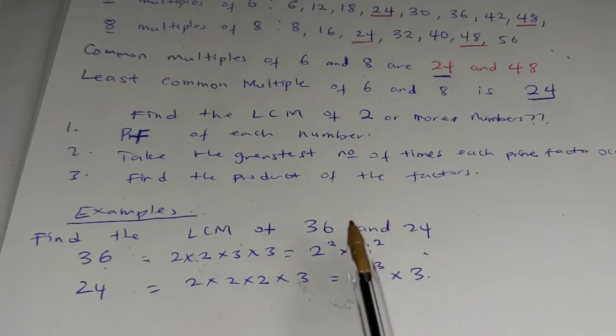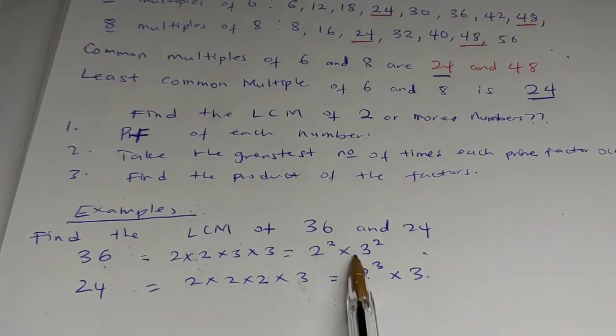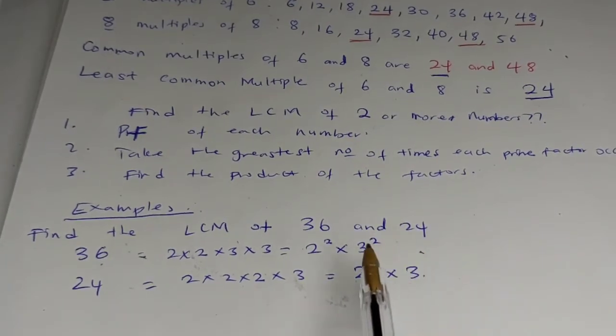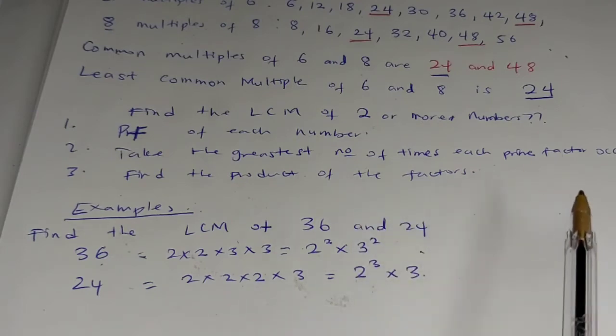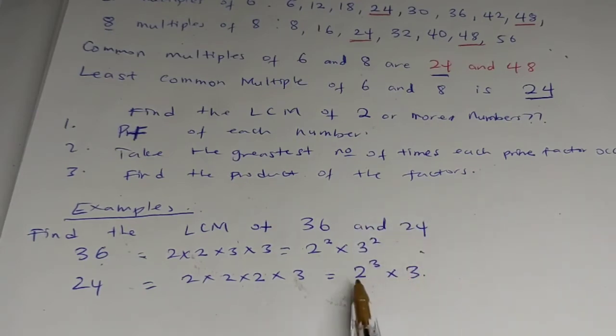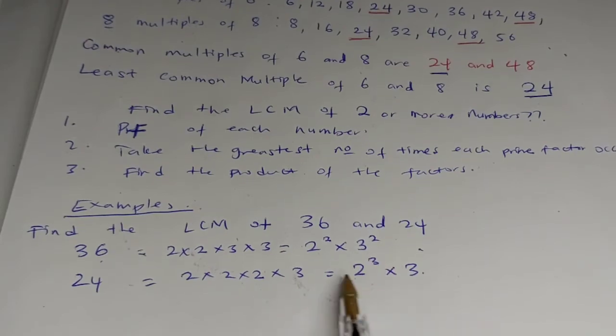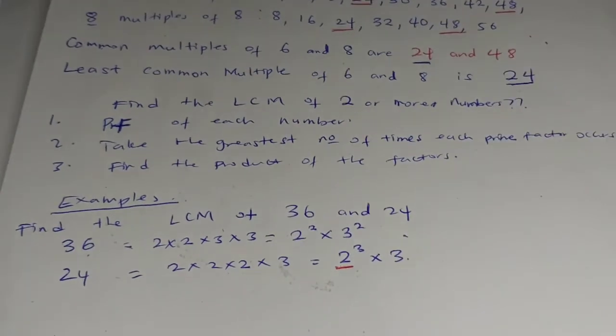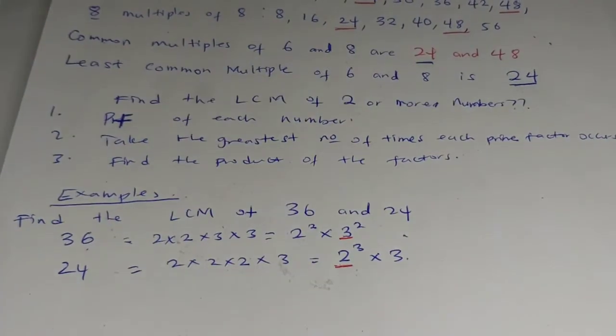From the prime factorizations, we have 2 square and 2 cube, so we take 2 cube. For 3, we have it once in one and twice in the other, so we take 3 square.